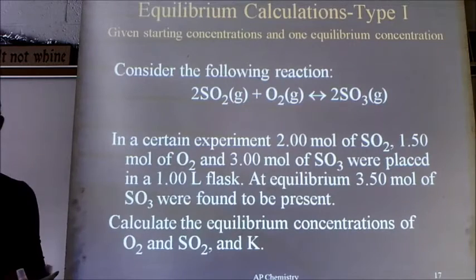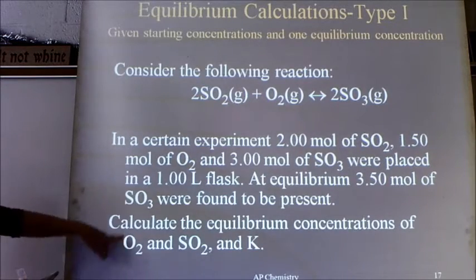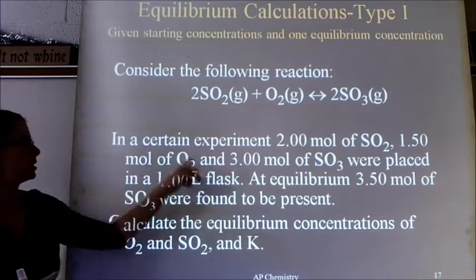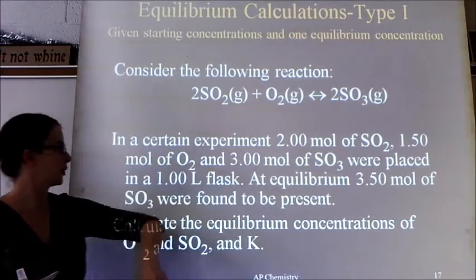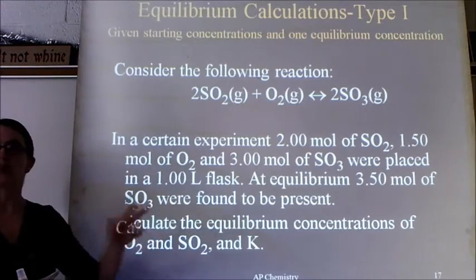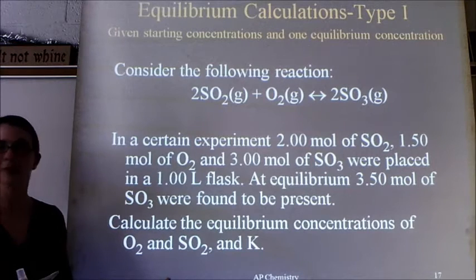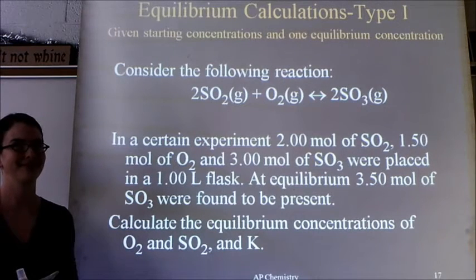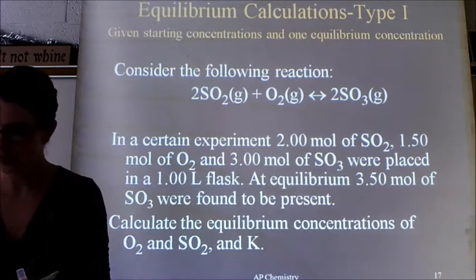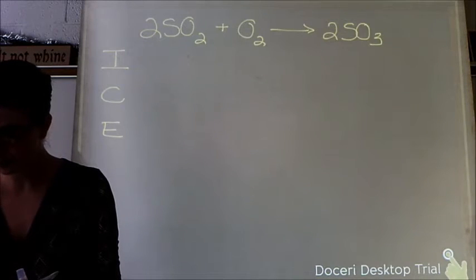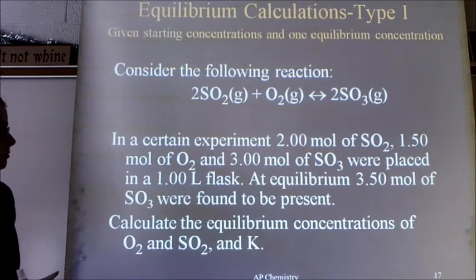So let's come back. SO2, where is it? Here it is. 2 moles in a 1-liter flask. I made the numbers really easy. What's the molarity? 2 molar. Okay, fine. Oxygen.